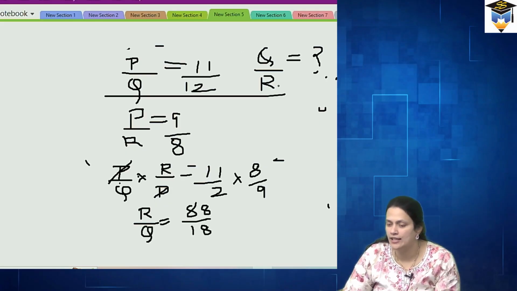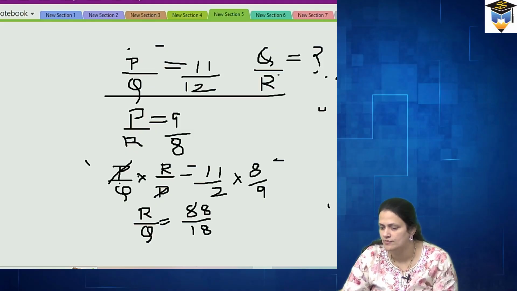So हमें क्या निकालना है? Q upon R. Find out the inverse. 108/88. Correct.